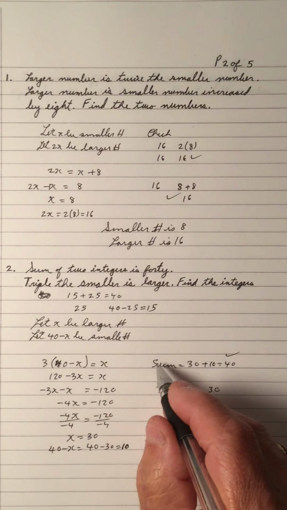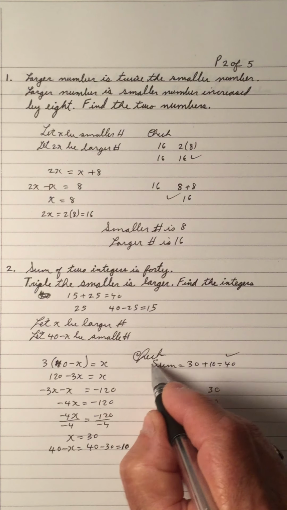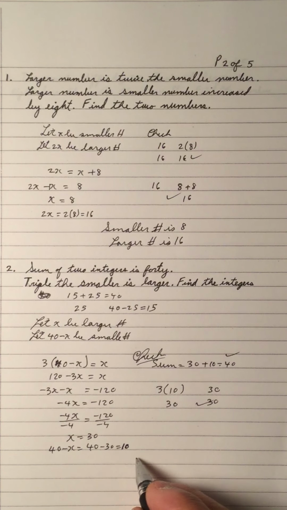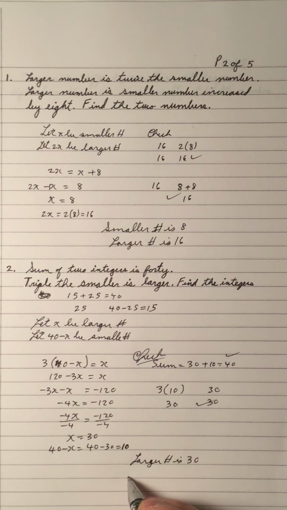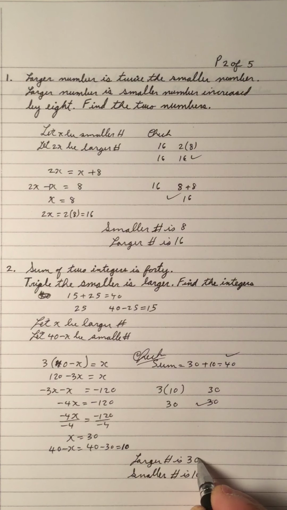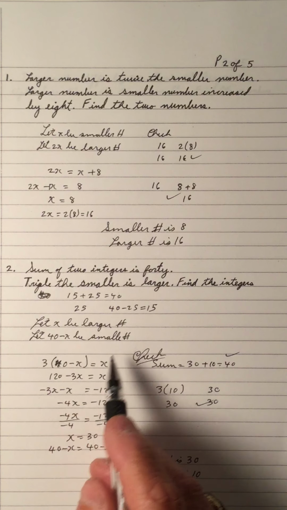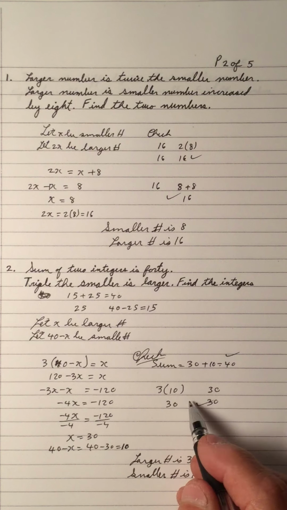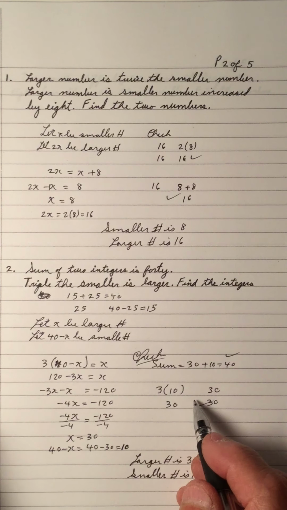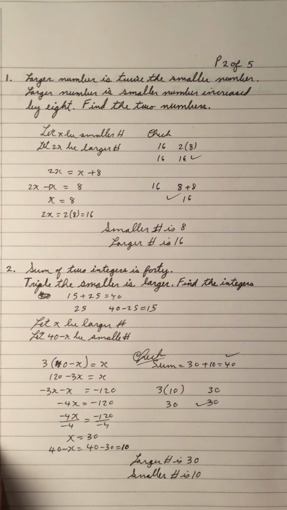Since we've checked that both are okay, the larger number is 30 and the smaller number is 10. Notice we wrote down the expressions, wrote down the equation, solved the equation, checked both numbers, and wrote out our answer.